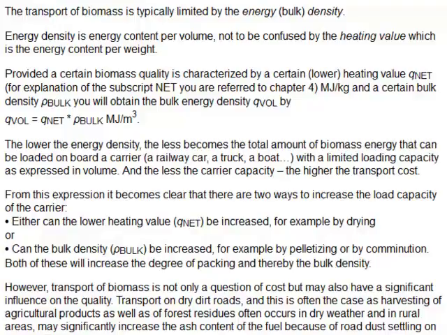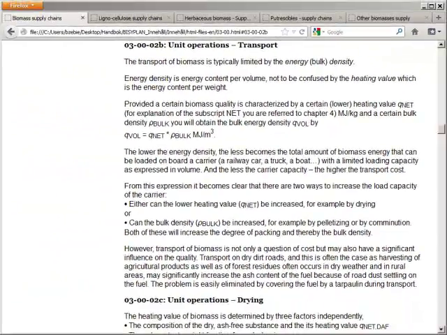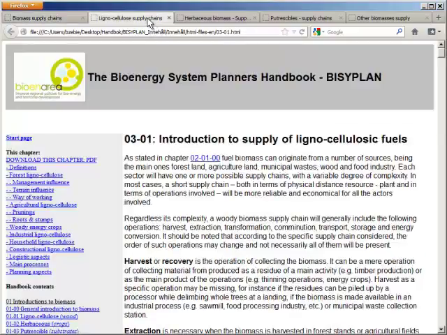Now this can only be done for the road transport. It cannot be done for the transport in the field or at the harvesting site, because there we are handling the raw biomass. So let's have a look at the situation for forest biomass, and we go down to the text section dealing with the logistics and the transport aspects.